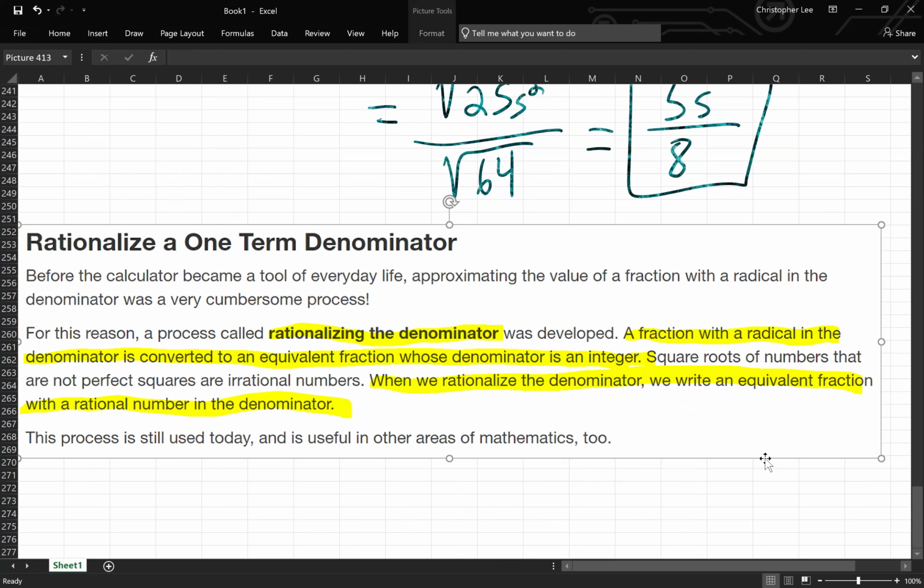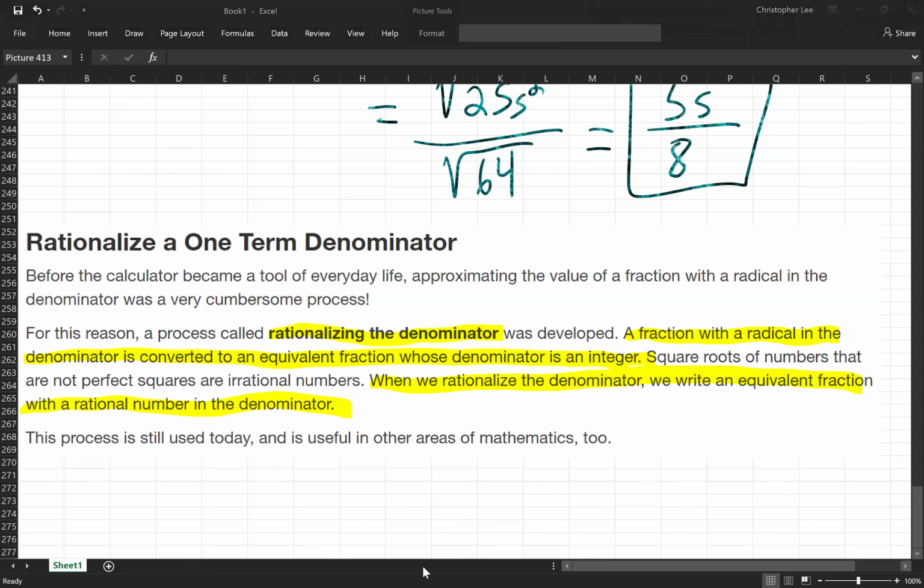A fraction with a radical in the denominator is converted to an equivalent fraction whose denominator is an integer. Square roots of numbers that are not perfect squares are irrational numbers. So when we rationalize the denominator, we write an equivalent fraction with a rational number in the denominator. This process is still used today and is useful in other areas of mathematics as well.